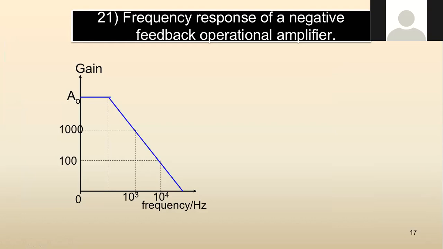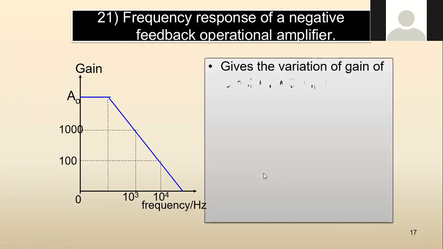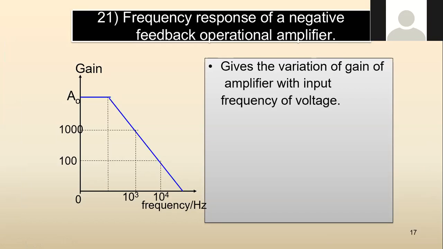From the output and input amplitude voltage we can calculate the gain, and we see, without any feedback, there is the gain, there's the frequency. So it gives the variation of gain of the amplifier with the input frequency of the voltage.